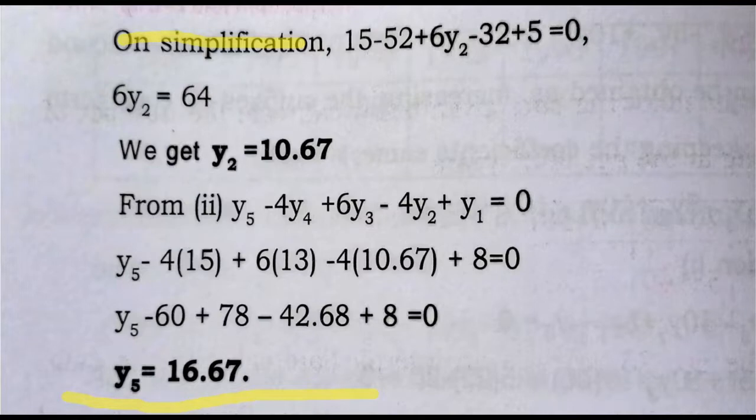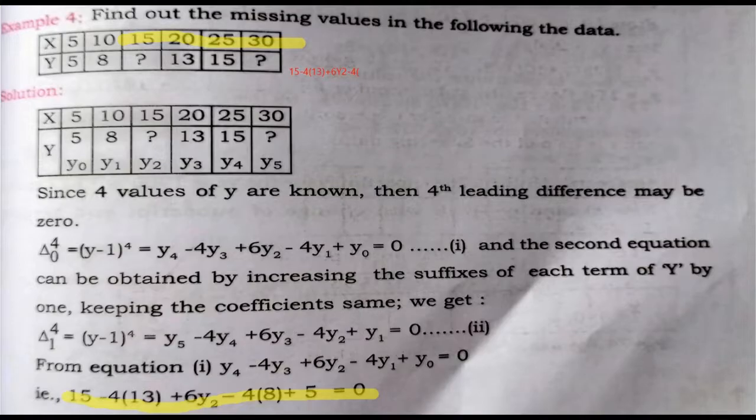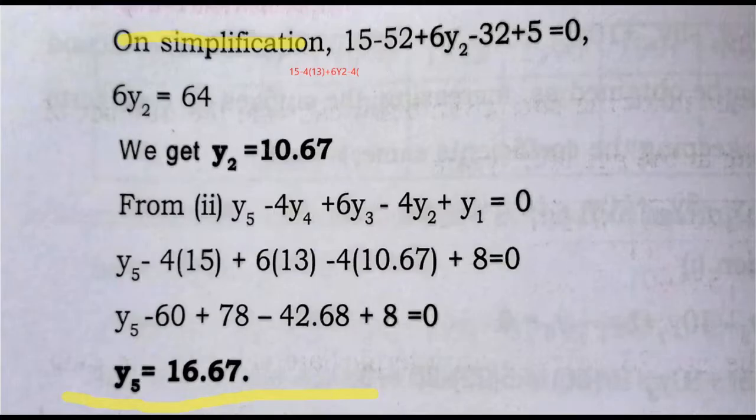I will write here once again for your purpose: 15 minus 4 into the bracket 13, plus 6y2, minus 4 into the bracket 8, bracket close, plus 5.